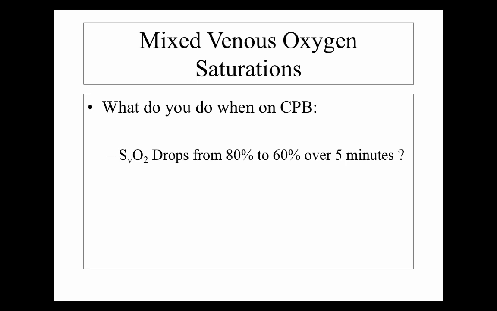And this takes place slowly but surely over 5 minutes. You see the oxygen saturation of the venous blood going down. What are you thinking about, and what do you do when on bypass when this occurs?